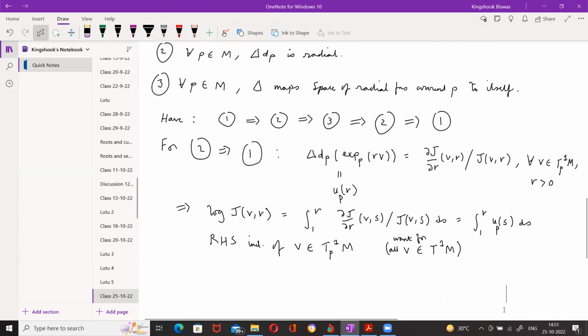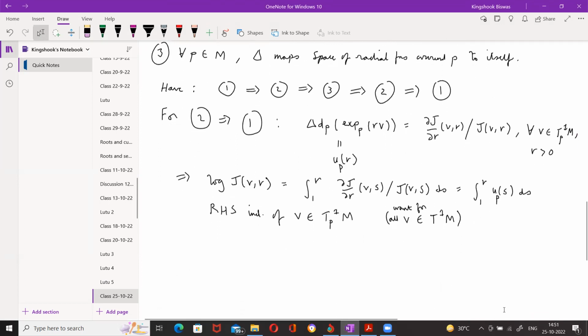So maybe I should just write it this way. We get this radial harmonic function, which is given by u of r equals the integral from r to 1 of 1 over j(s) ds.